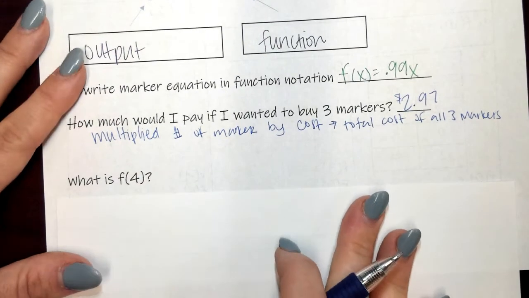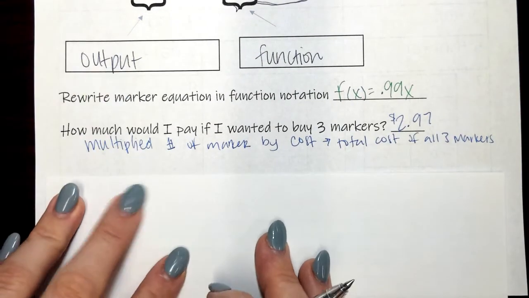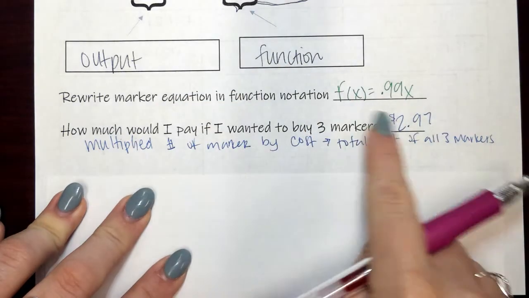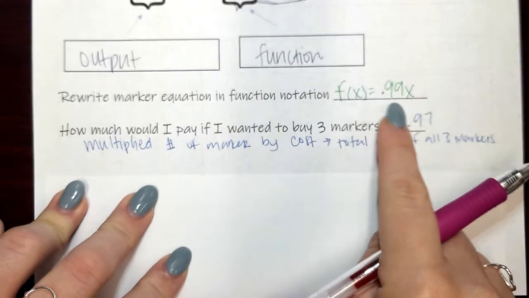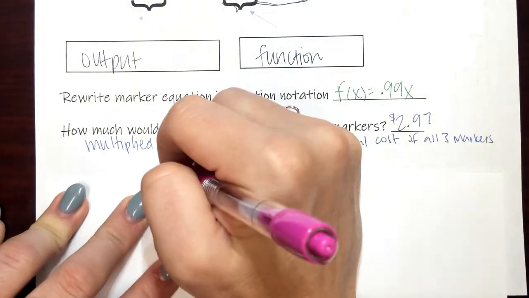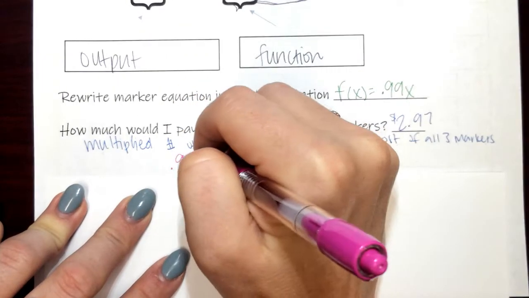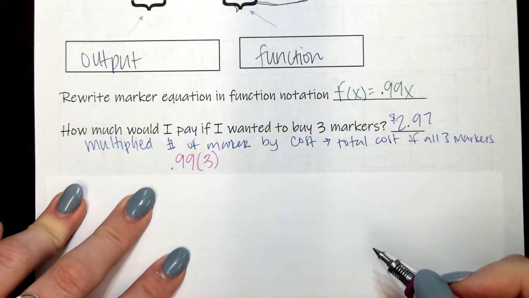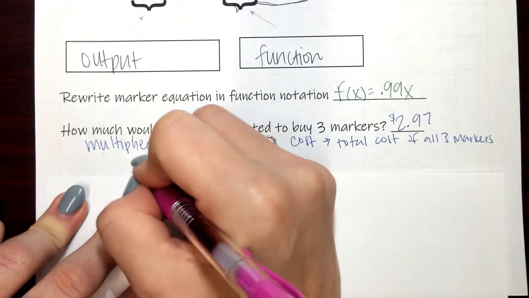What we really did was, in our f of x equals 0.99x, we took that 0.99 and replaced that x with 3. Right, this is our function.